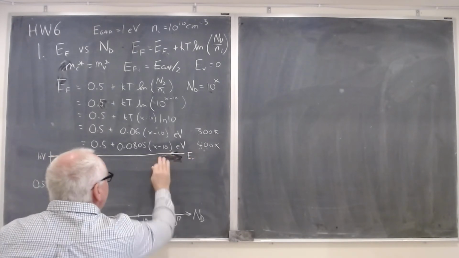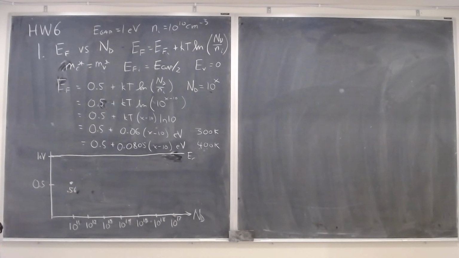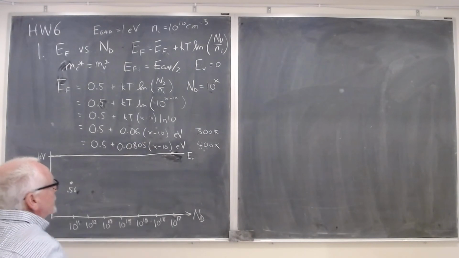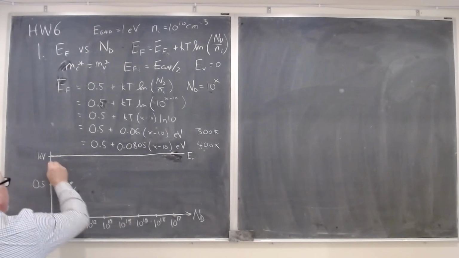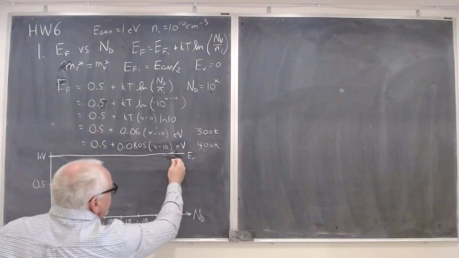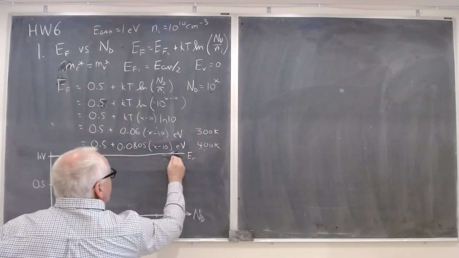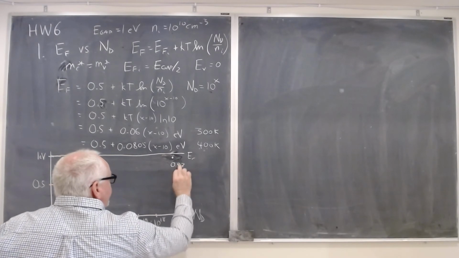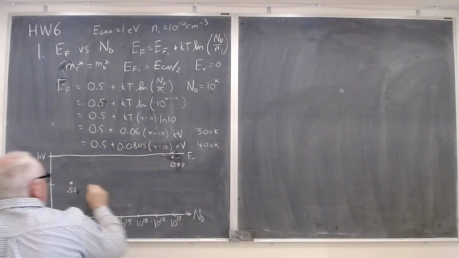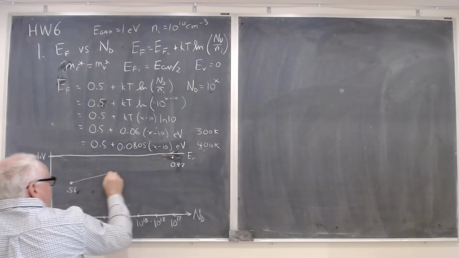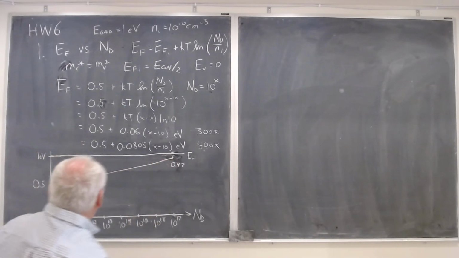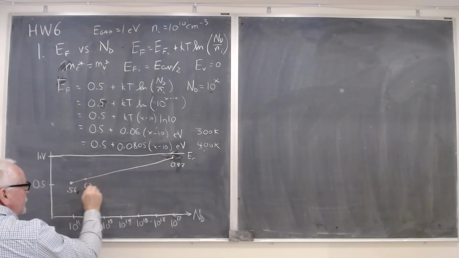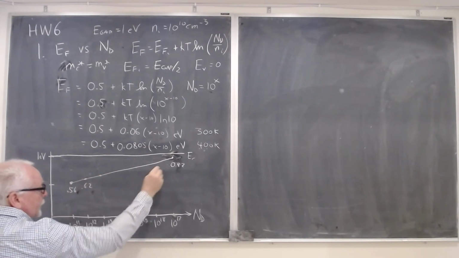And I'm going to skip up to 17. So for 300 Kelvin, 17, so that's 17 minus 10 is 7 times 0.06. That would be 0.92. So somewhere around here, so to speak. And it's a straight line, of course. You can draw a straight line. And so basically, this goes 0.62.